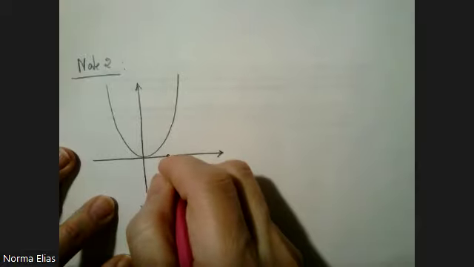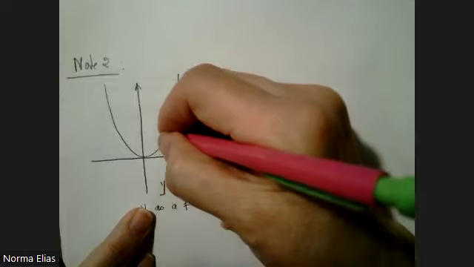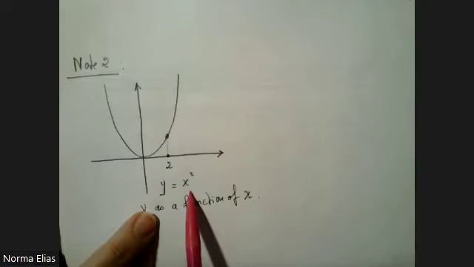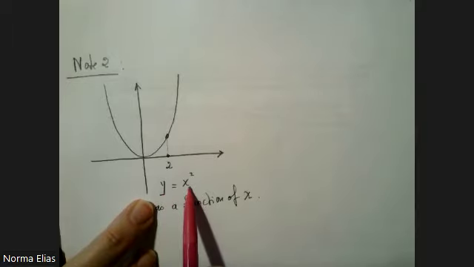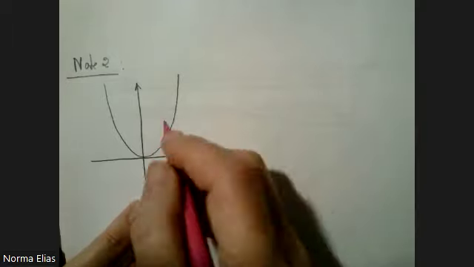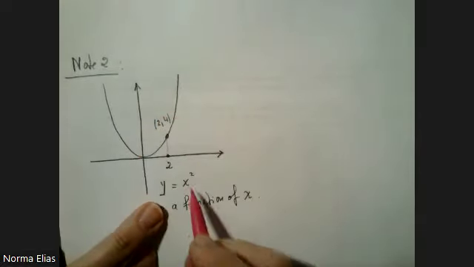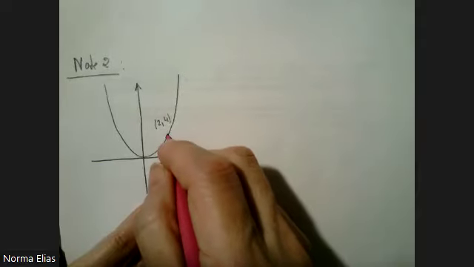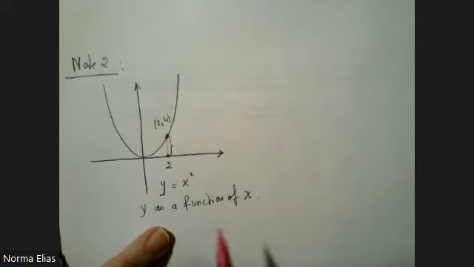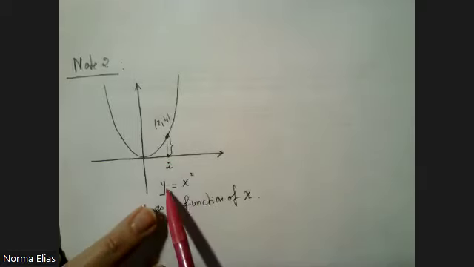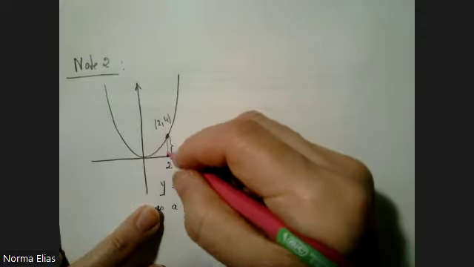Let us say this is 2. I give you x equal 2, and I go all the way back to the graph. The equation, if I know x, gives me the y. So this point is (2, 4). But what is the y? The y is the vertical distance from here to here. So if y is a function of x, if I know the x, the formula gives me the vertical distance from the x-axis to the curve.